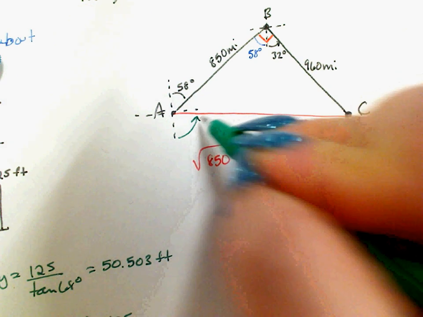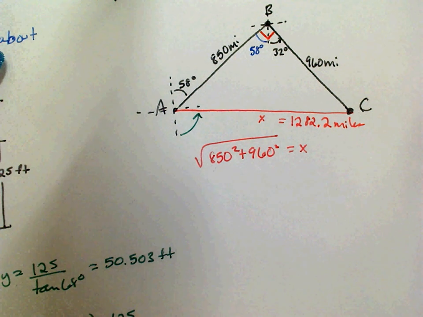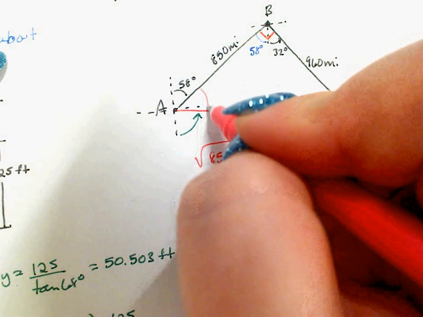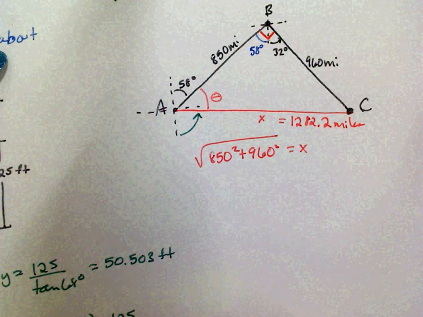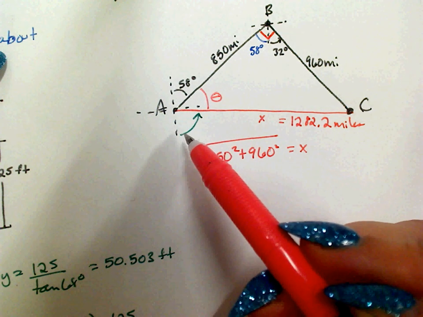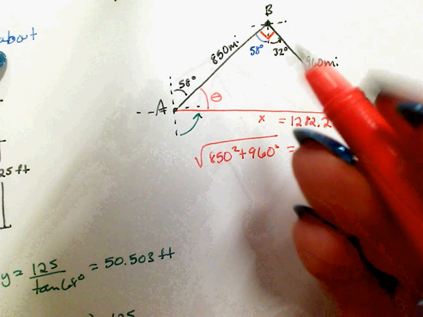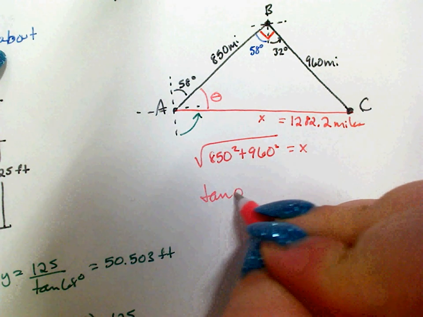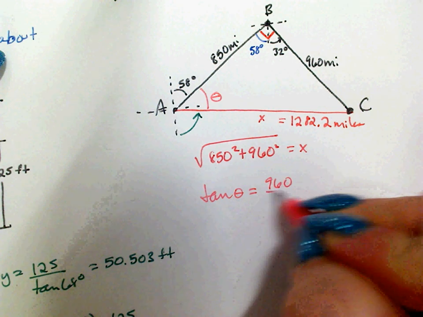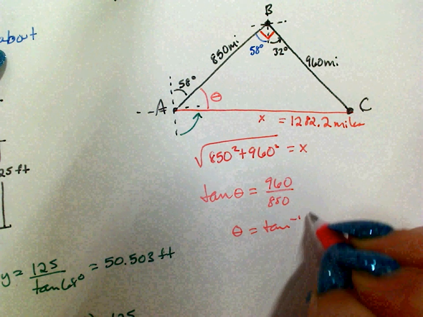But in order to figure that out, I've got to use right triangle trig to figure out this angle in my right triangle. And if I can add these two together, then I can subtract from 180 to get the bearing. So for this angle, I know opposite is 960 and adjacent is 850. So tangent of theta equals 960 divided by 850, which means theta equals tan inverse of 960 divided by 850.